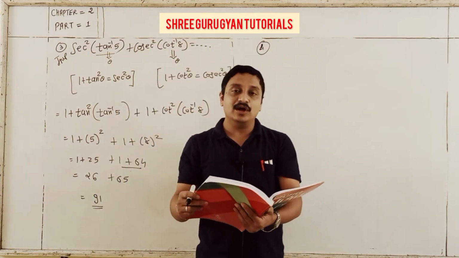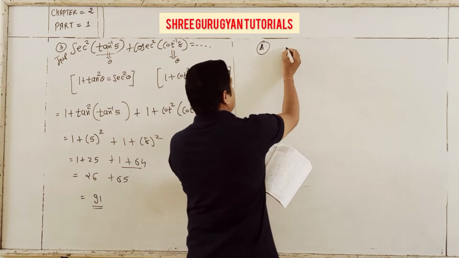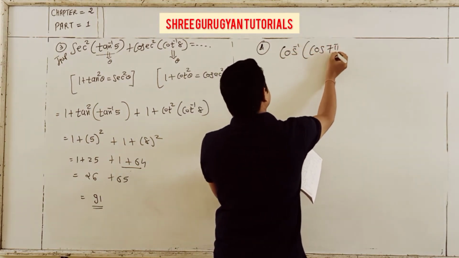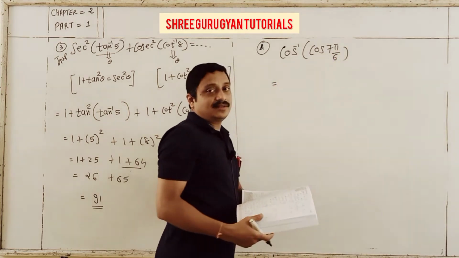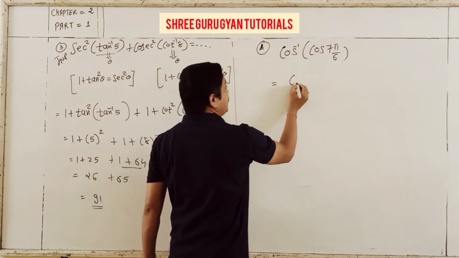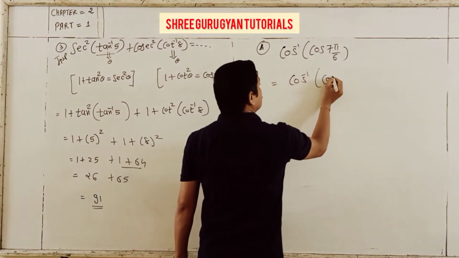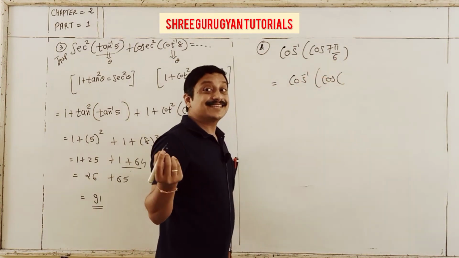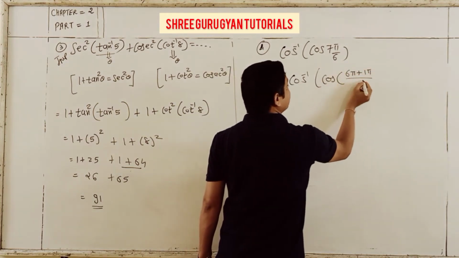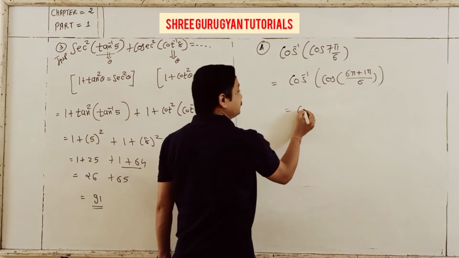Fourth also was already asked in exam. Cos inverse cos 7 pi by 6. First of all, 7 pi by 6 I will dissolve into the least terms. So 6 table near 7. So 6 pi plus 1 pi, both separate them.